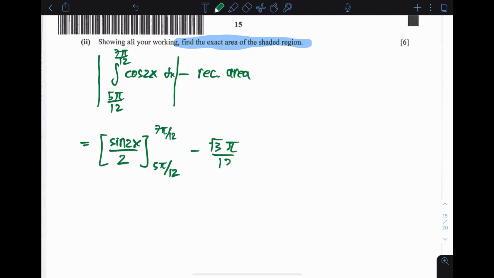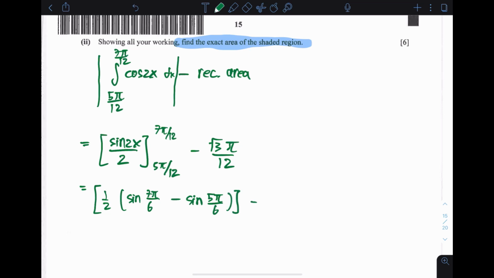Then put in the number 7 pi over 12. This is going to be pretty bad, but you can use a calculator. You multiply by 2 and divide by 12, you get sine of 7 pi over 6, and then minus sine of, similarly, 5 pi over 6.